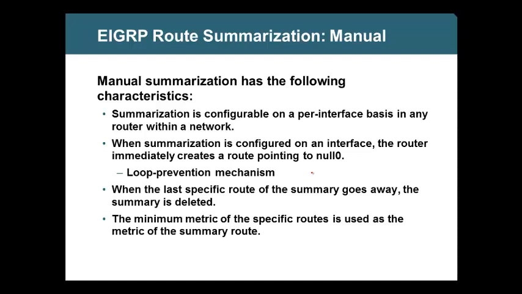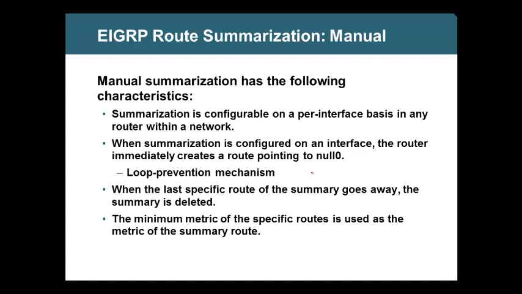The summary is deleted only when the last specific route goes away. So when we have taken multiple specific routes and summarized, when will the summary advertisement get deleted? Only when the last specific route is gone. If it is deleted, it will no more be advertised.